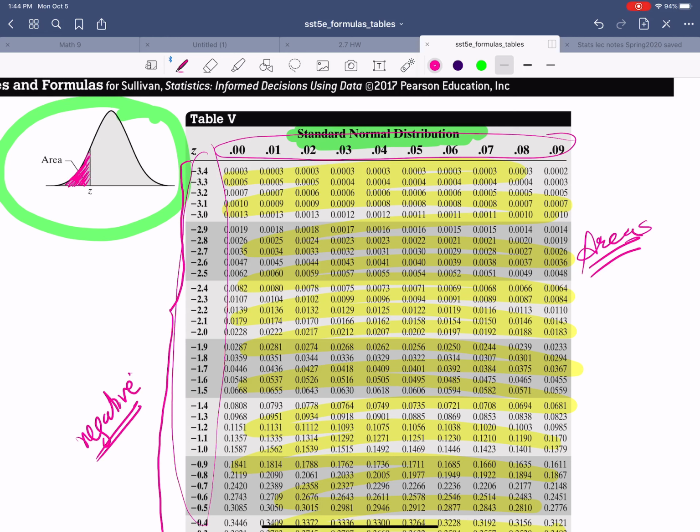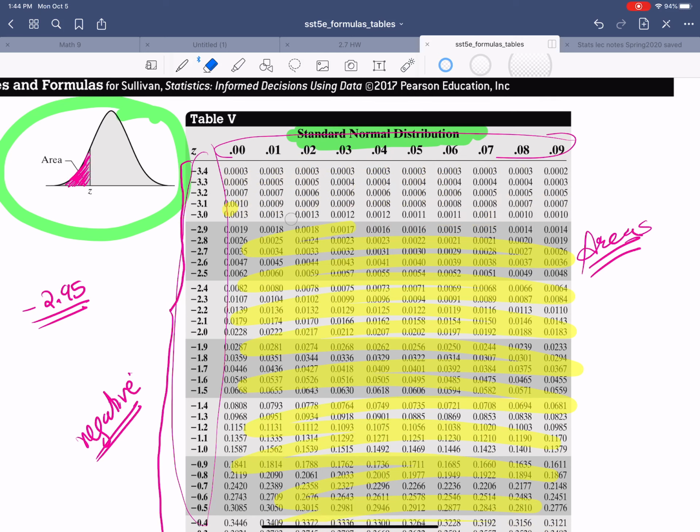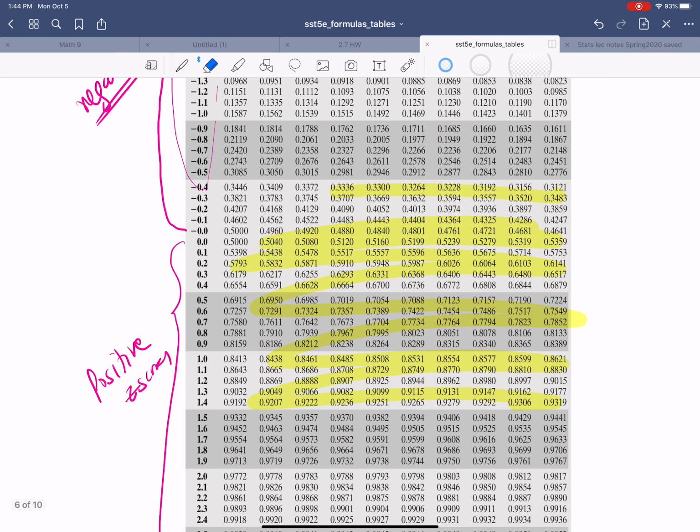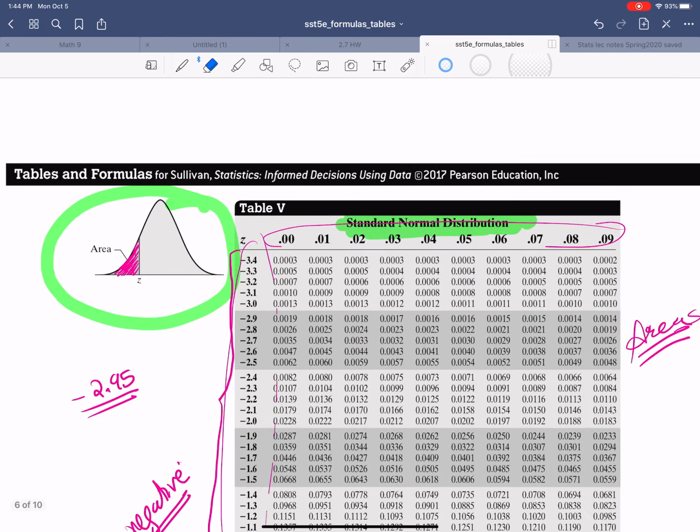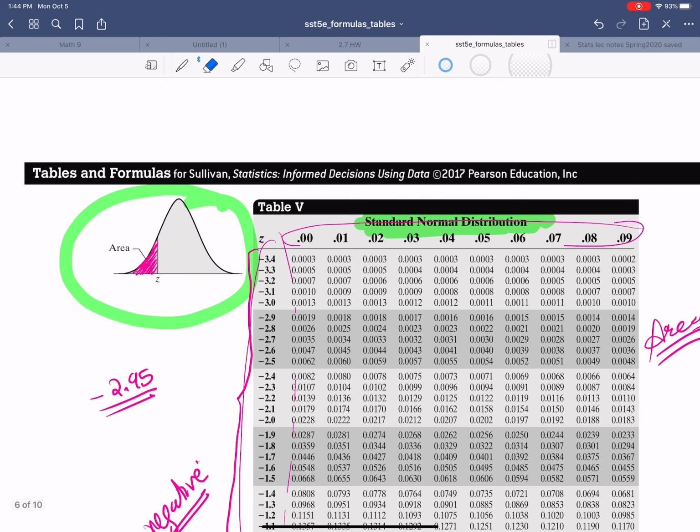So if you want to find the area to the left of negative 2.95, how do you find that area? Let's take a look. I'm going to first look up the z-score negative 2.9, and then we have 0.05 here.